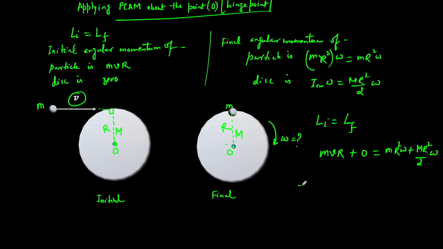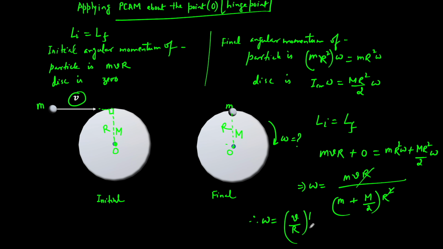So we can write this implies omega is equal to mvr upon (m plus M over 2) into r square. Therefore omega is equal to v over r multiplied by 2m upon (M plus 2m).